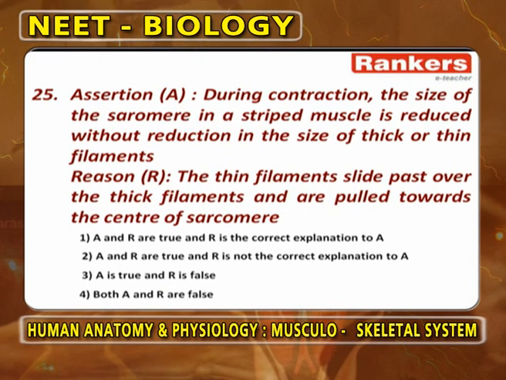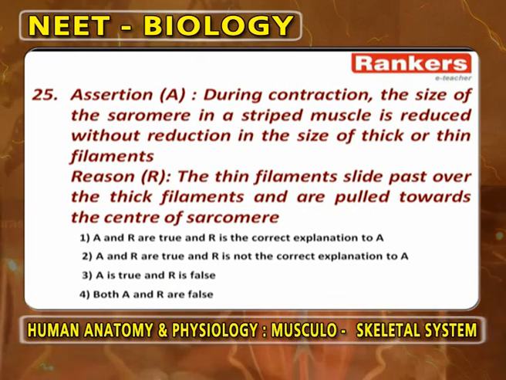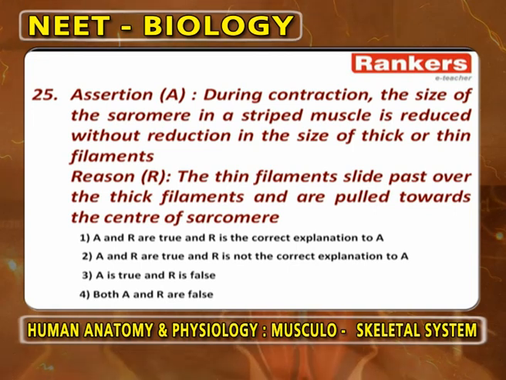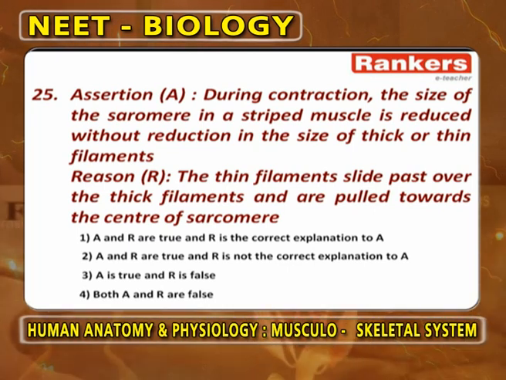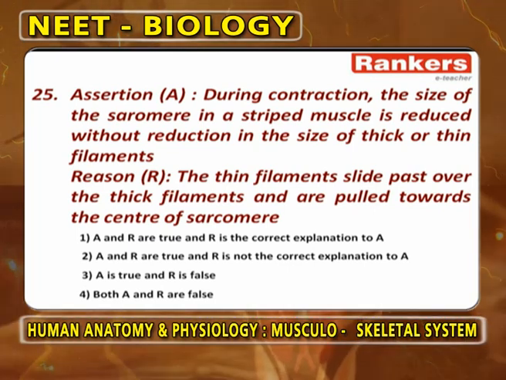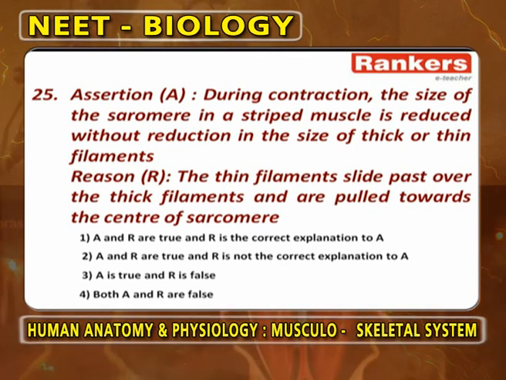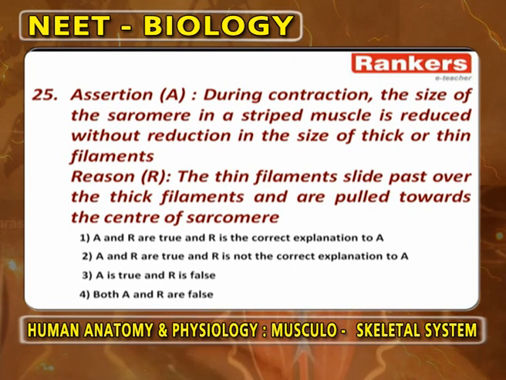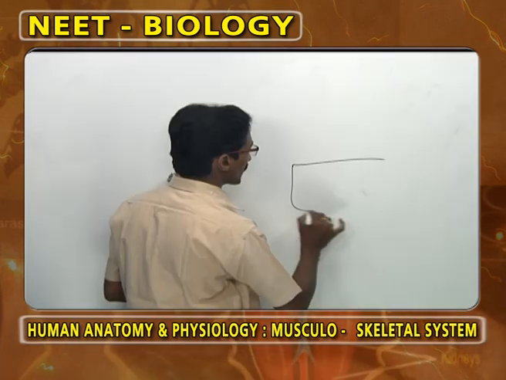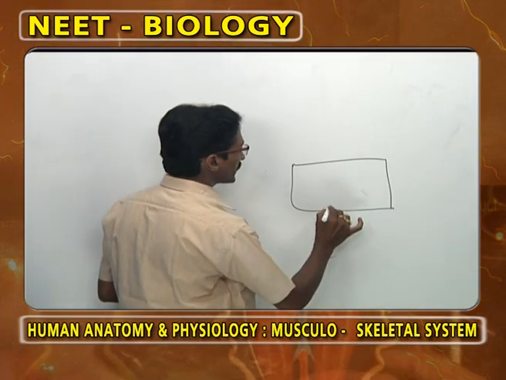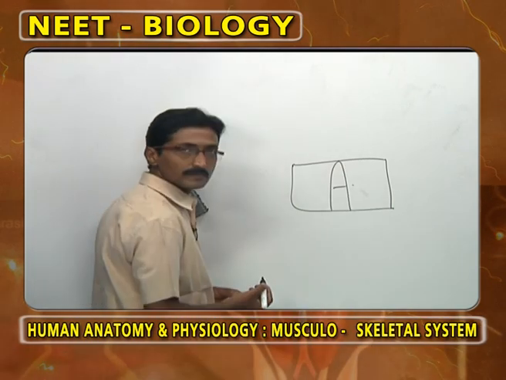Assertion: during contraction, the size of sarcomere in a striated muscle is reduced without reduction in the size of thick or thin filaments. Now this is the muscle cell and this is the A band.